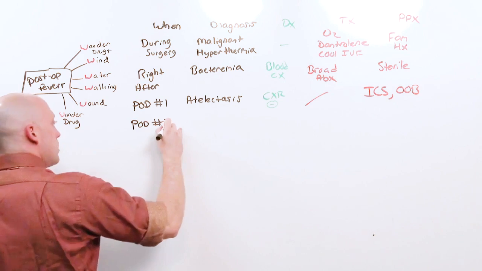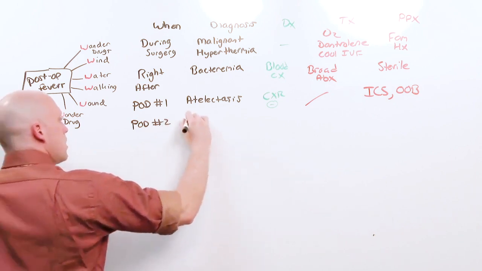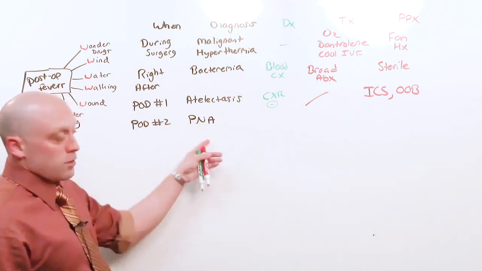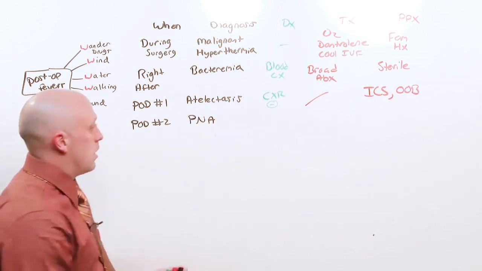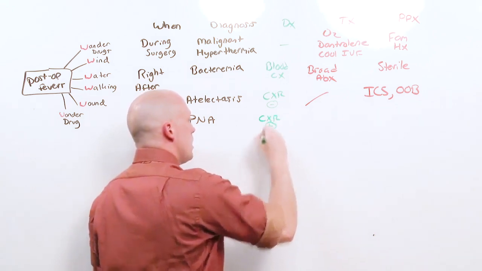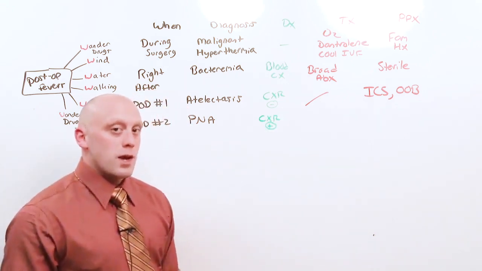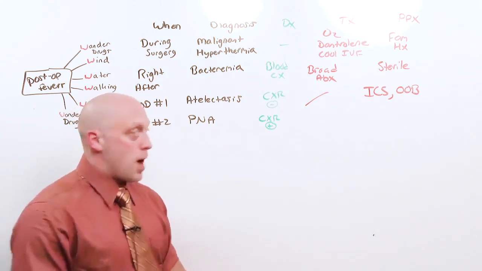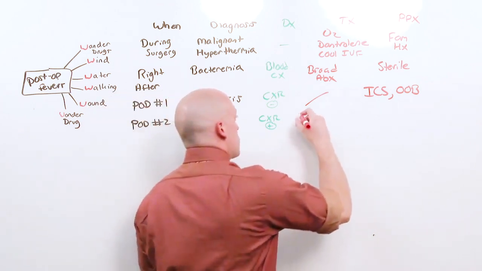Still in the wind W, reminding us of the lungs, and that is the most likely diagnosis is pneumonia. Fever, cough, and then a consolidation on chest x-ray, you've got a pneumonia. And because it's been 48 hours since they came into the hospital, this is a HAP, and you have to treat with broad spectrum antibiotics.